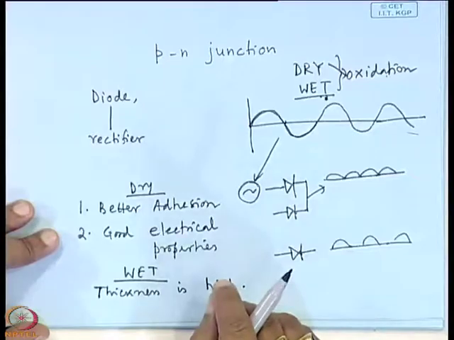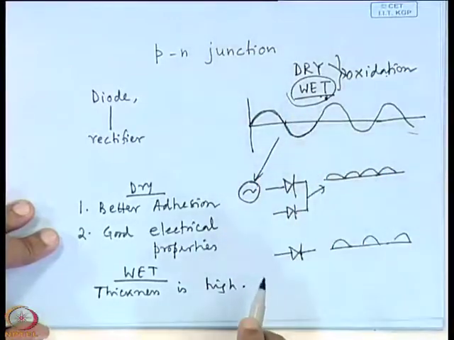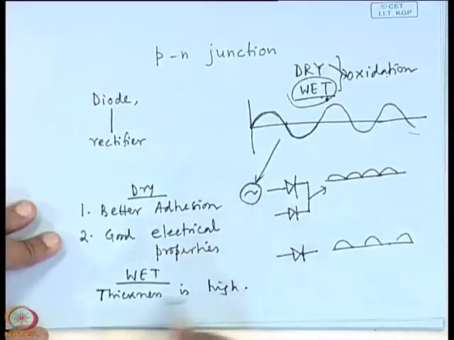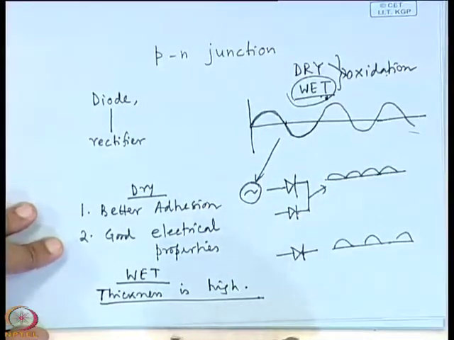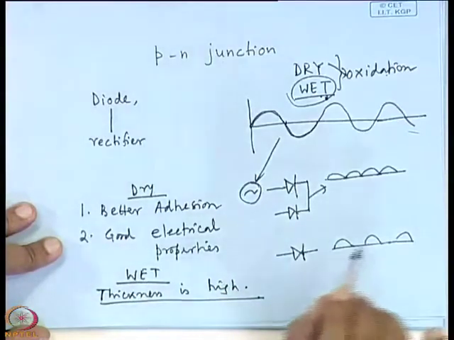That means if you want to make a thick oxide layer, then you have to use wet oxidation.